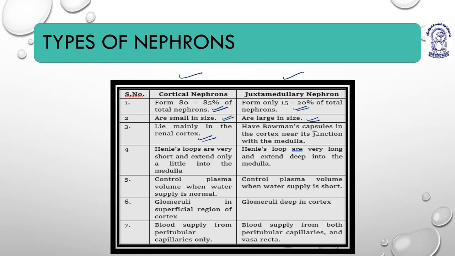Juxtamedullary nephrons have the Bowman's capsule in the cortex near its junction with the medulla. In cortical nephrons, the loop of Henle is very short and extends only a little into the medulla. In juxtamedullary nephrons, the loop of Henle is very long, and because of the length of the loop of Henle, the maximum reabsorption of water takes place.